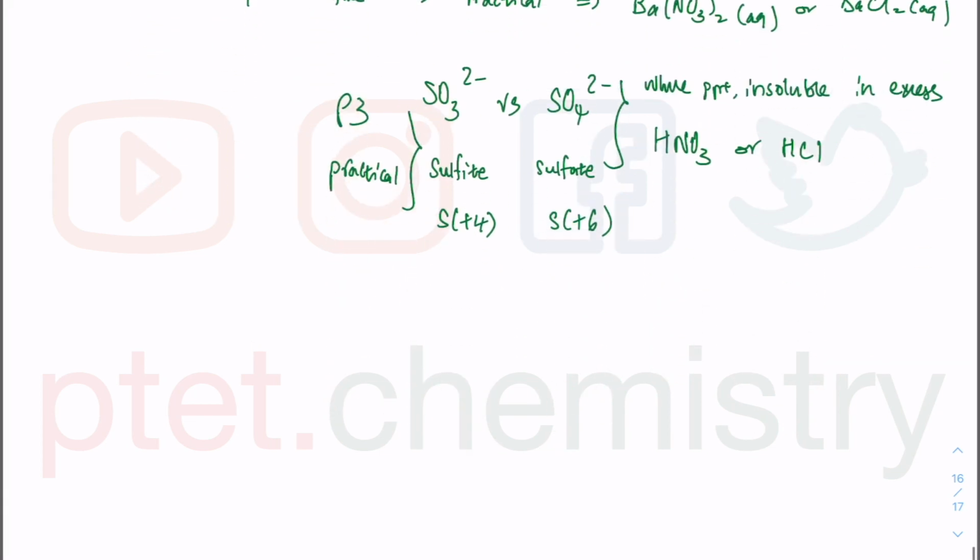I think C is the answer, but let me just go through D. We don't use barium hydroxide because one thing is barium hydroxide is very soluble. It's very soluble in water. So that is already saying that D is the wrong option. And number 2 is it is a very strong base.